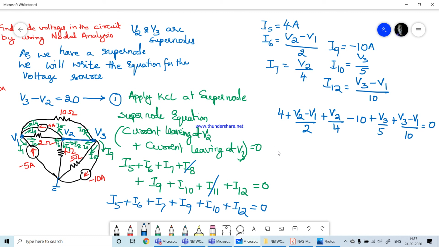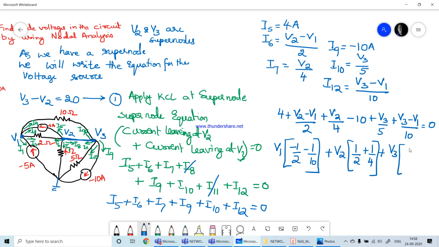Therefore, if I take V1 common, I get V1 times minus of 1 over 2 plus 1 over 10, plus V2 into 1 over 2 plus 1 over 4, plus V3 into 1 over 5 plus 1 over 10. 4 minus 10 is minus 6.